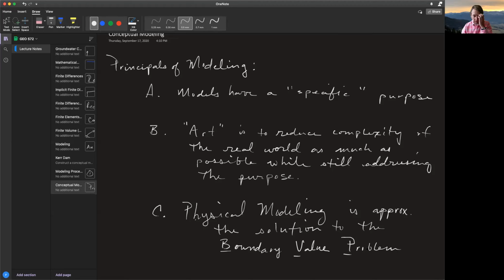All right, and we're trying to solve the boundary value problem most appropriate for our purpose.